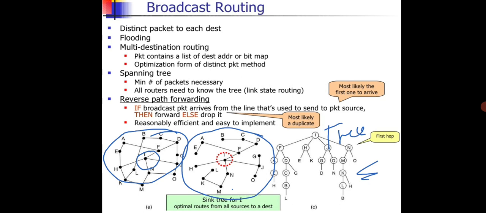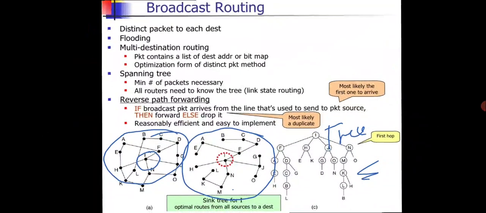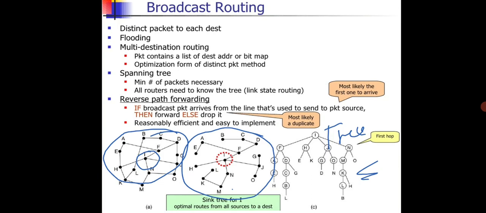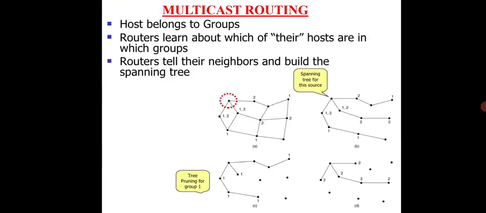So broadcast routing is basically flooding, sending packets from a particular source to all the other nodes on the network. So this is what we have in broadcast routing.